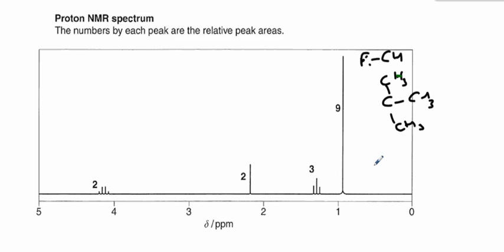Then at about 1.2, 1.3, you've got a triplet. It's again in the RCH region, and this one is going to be a CH3 because it's got an area of 3.